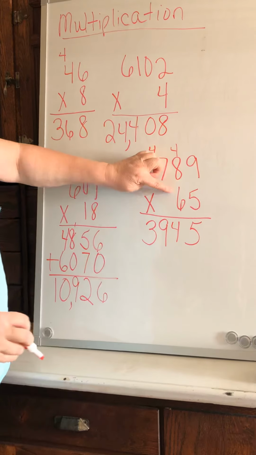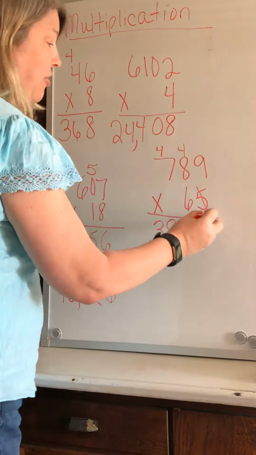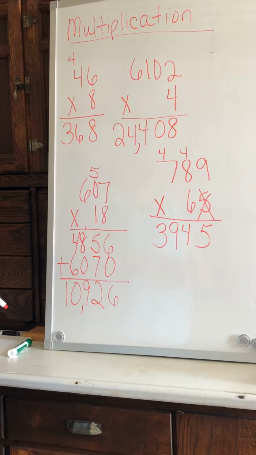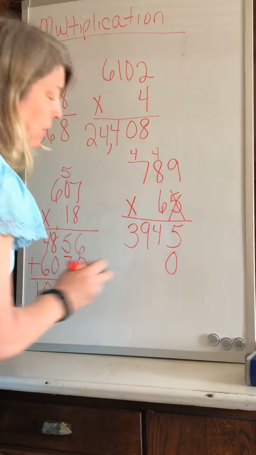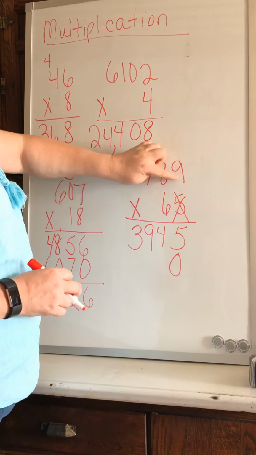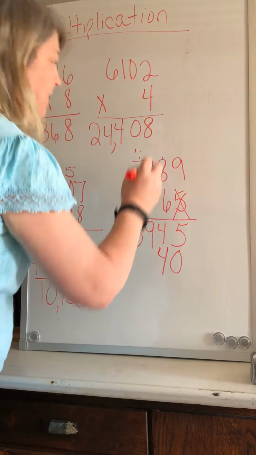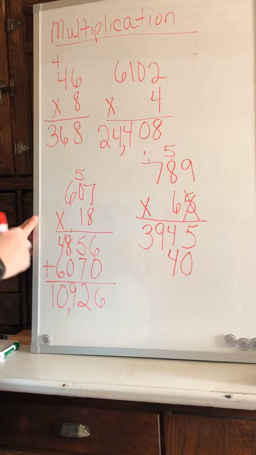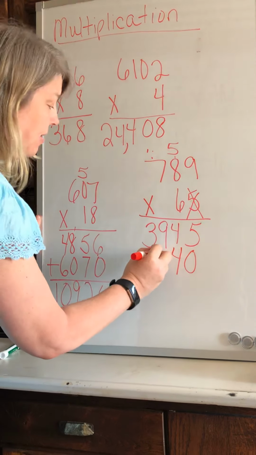Now, I am going to go over to the second number. Sometimes students also could X out the numbers that they do. That might be helpful if that's something that you might want to do as well. Since I'm going over to the second number, I do need to make sure I put a 0 here. Then we can start all the way over. 6 times 9 is 54. Carry that 5. 6 times 8 is 48. 48 plus 5 is 53.